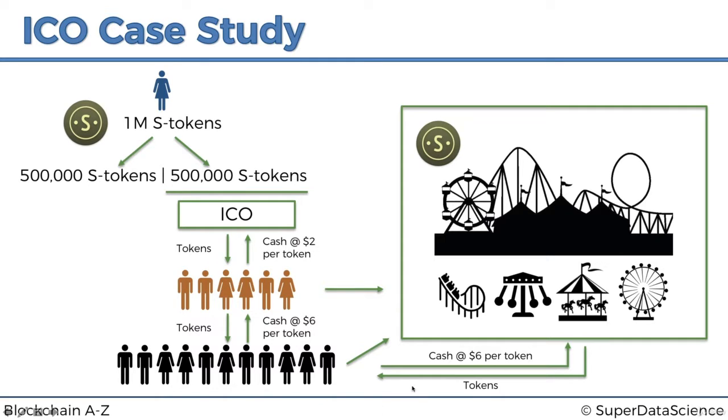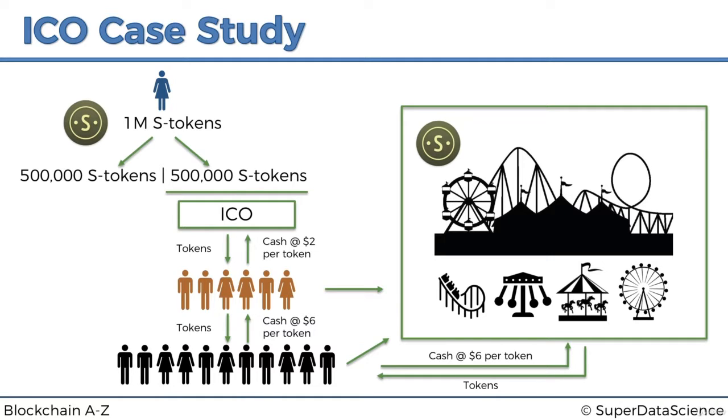And so if they want to use them in the park, they need to go and buy them, either off these people or from the businesses. There might be a little exchange that Mary might set up here somewhere. And so that helps the businesses spread out these tokens across people who are interested in them. And again, they go back into the park and spend them. And so that's how this whole thing works.